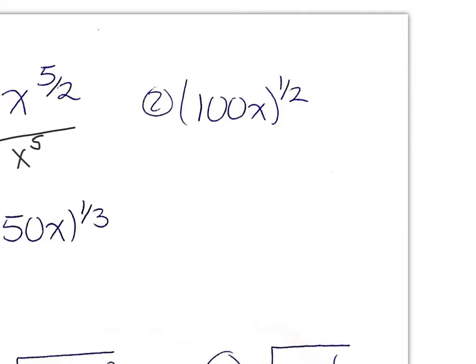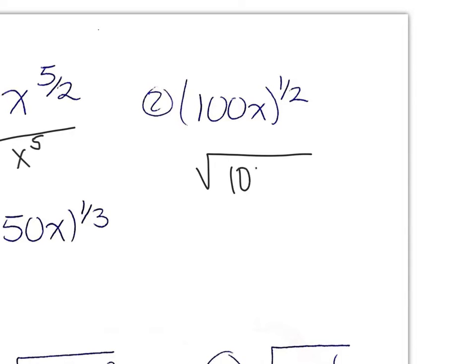Now we go over here. Parentheses are very important. They tell us if just one thing is being raised to that power or if it's both. When it's in parentheses, the exponent is going to both of these, the 100 and the variable. So everything in the parentheses is going to be under our radical sign.